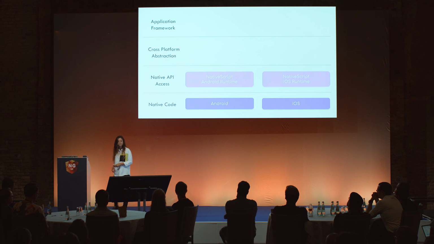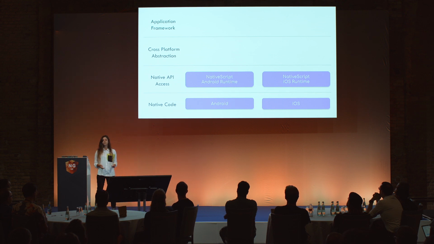So I'm going to take a look at the NativeScript architecture so that we can all get familiar with the framework. On the bottom, of course, we have the underlying operating systems, Android and iOS. Then we have a layer called the NativeScript runtimes. We have separate runtimes for Android and for iOS, and they allow us to access any underlying Android and iOS API.